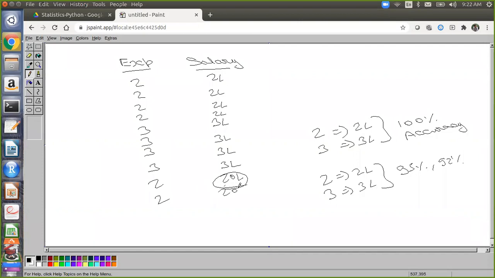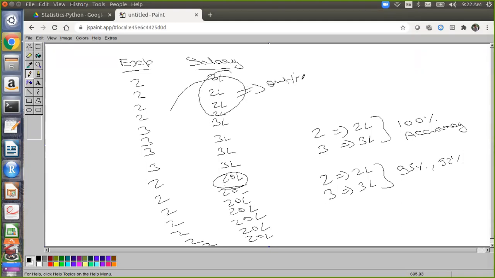Now see, I'm just trying to play with the numbers and clear out the concepts for you. Now in this case, can you tell me what will be the case? Now they will become outliers. Okay, so outliers are always the values which are lesser in number.